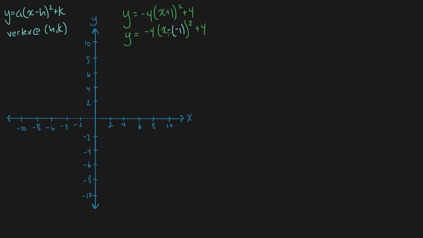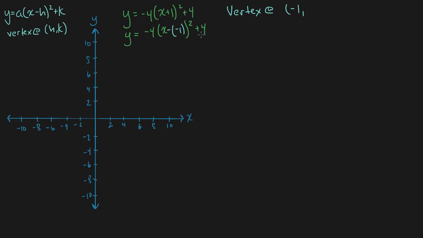Remember that subtracting a negative is the same thing as adding. So I've just replaced my adding 1 with subtracting negative 1 here, just to make it so that it looks more like the form that we're going for. Okay, so this tells us that our vertex is at the point, let's see, our x value is going to be negative 1.